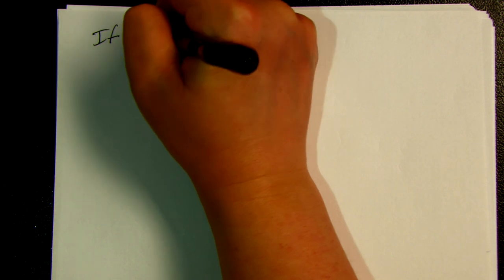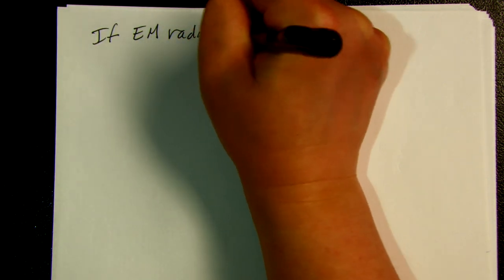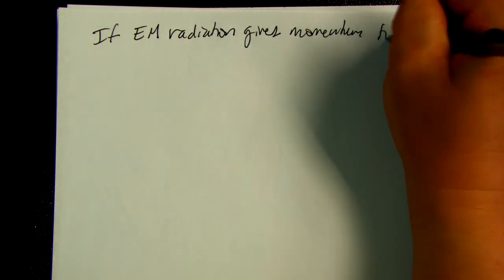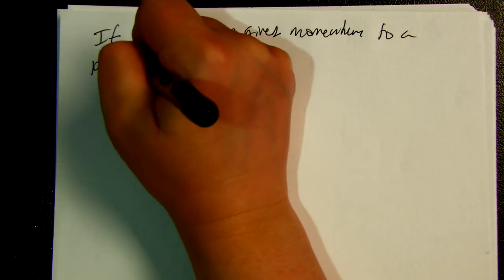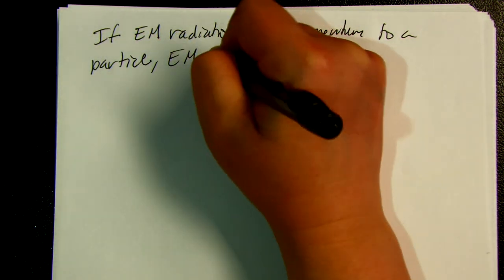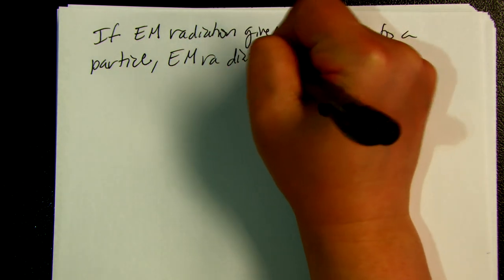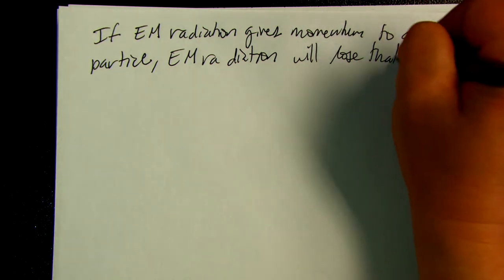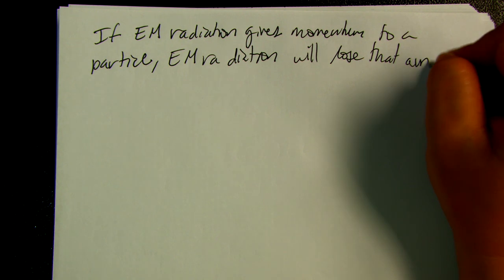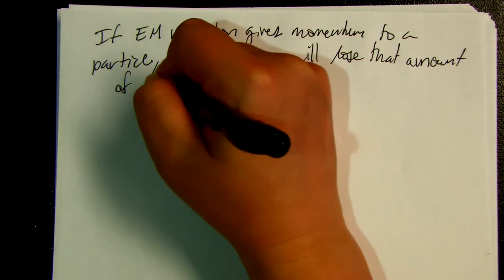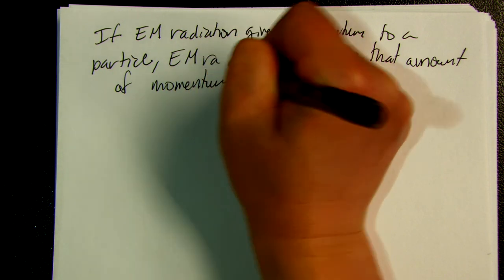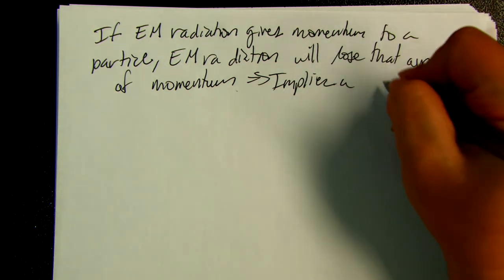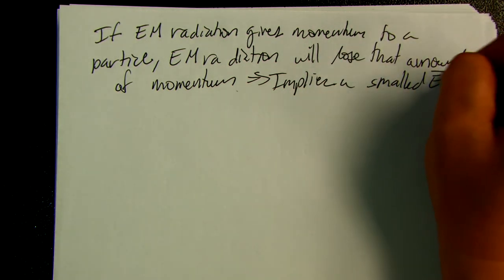If electromagnetic radiation gives momentum to a particle, electromagnetic radiation will lose that amount of momentum, which implies a smaller E field.